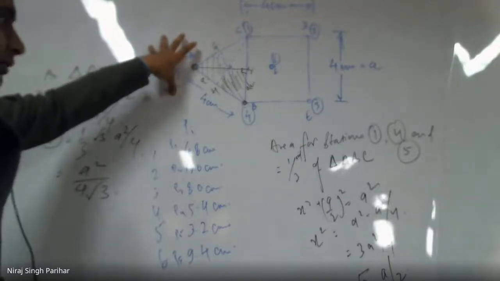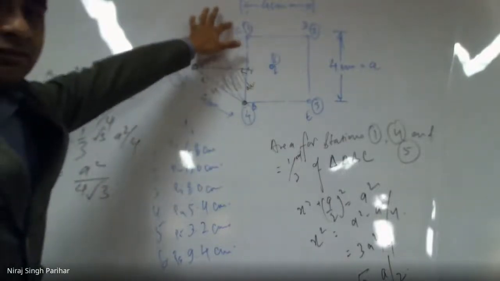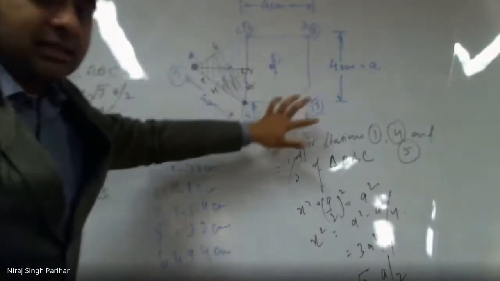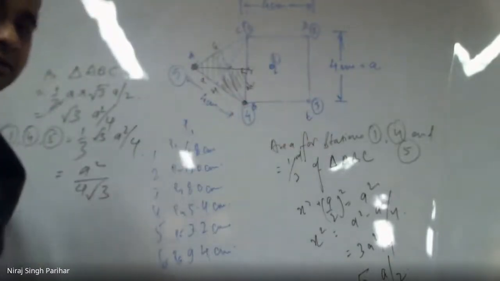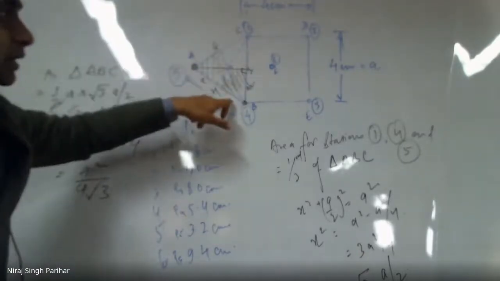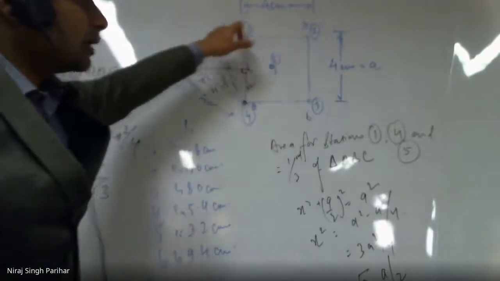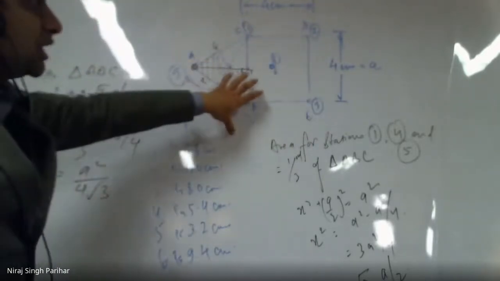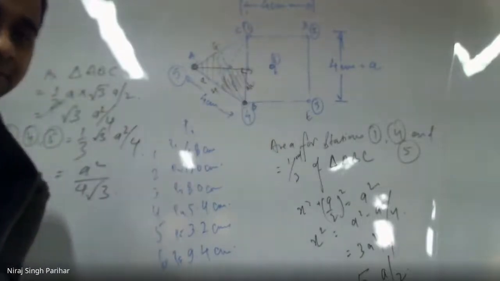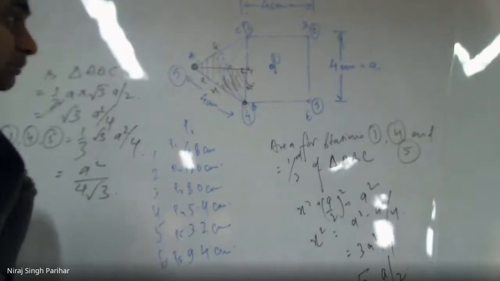But station 4 and station 1 also share the boundary with this square. Correct? These are the common stations between this triangle and this square. So they will be sharing some of the area from this square as well. So now we have to do something to divide this area.